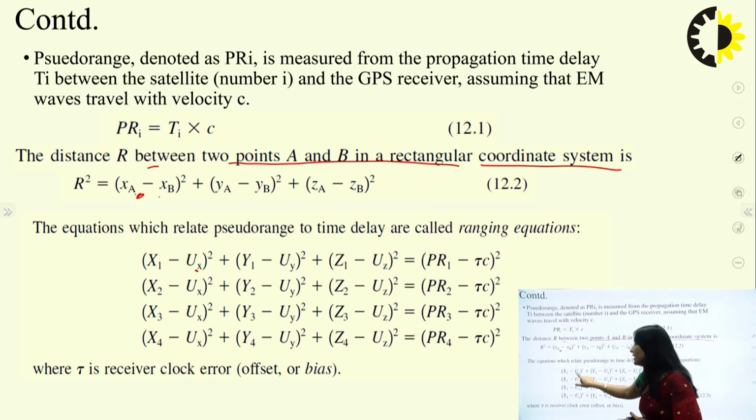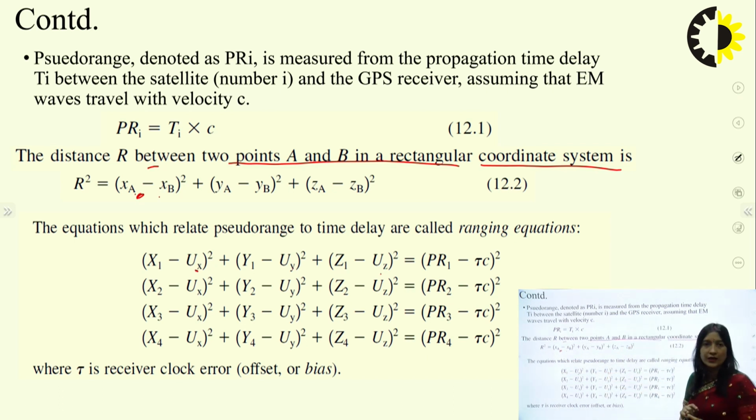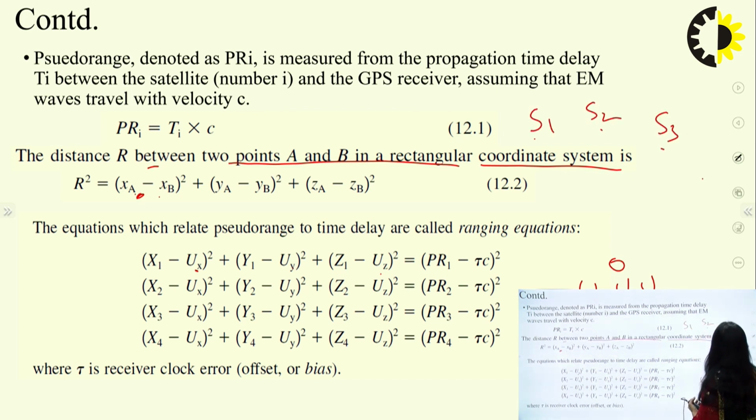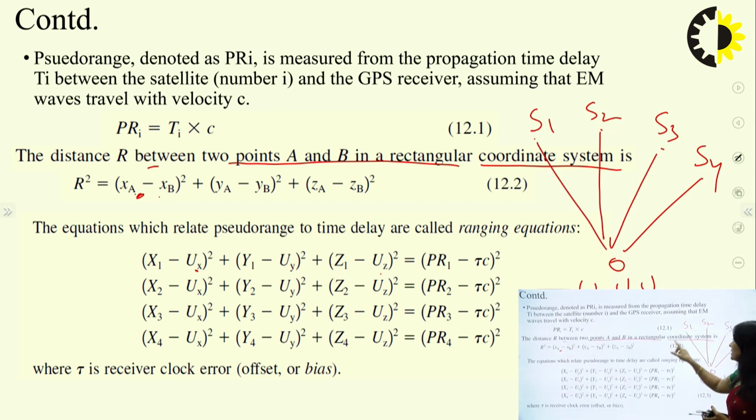So in that way our receiver has coordinates ux, uy, uz. Here my receiver has ux, uy and uz coordinates, and these are 4 satellites S1, S2, S3 and S4, right? So the distance from S1 to the receiver is PR1, the distance from S2 to the receiver is PR2, likewise PR3 and PR4, right?